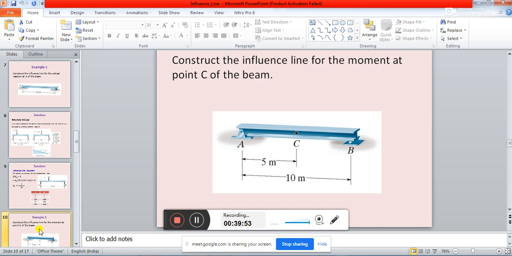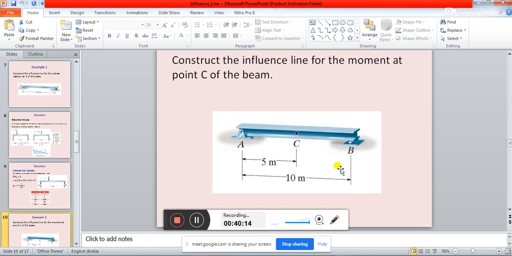It says construct the influence line for the moment at point C of the beam. How do you do it? If you want to find the influence line for the moment at point C, again the same process you will have to take.